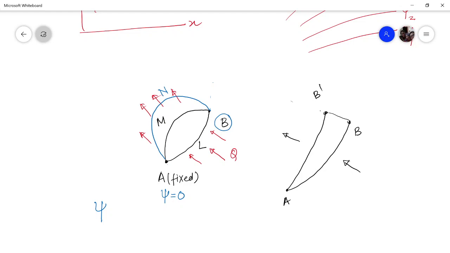So if you extend this line further, let us say to B double prime, in such a way that B double prime is at an angle of 90 degrees with the streamline BB prime, and as I have already mentioned, the discharge or flow rate across AB is a function of position of B, which is what we represent as psi.